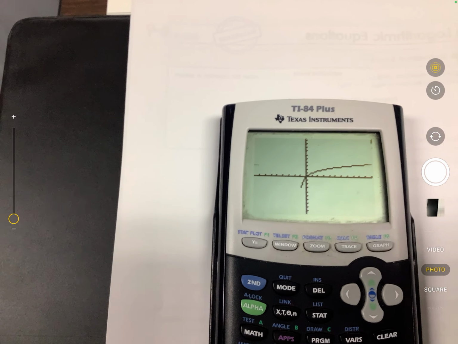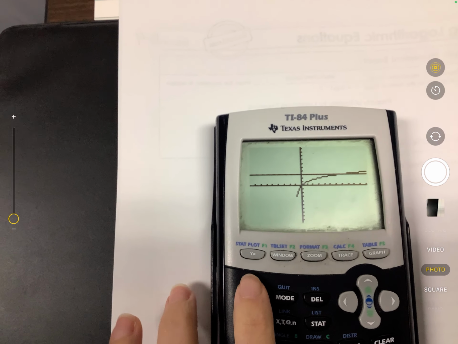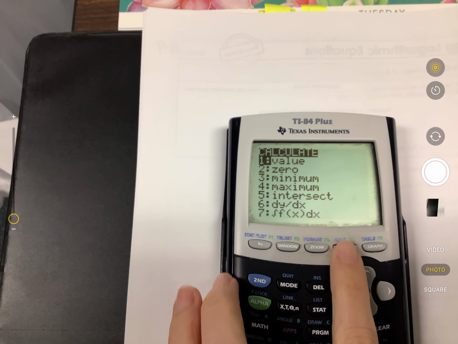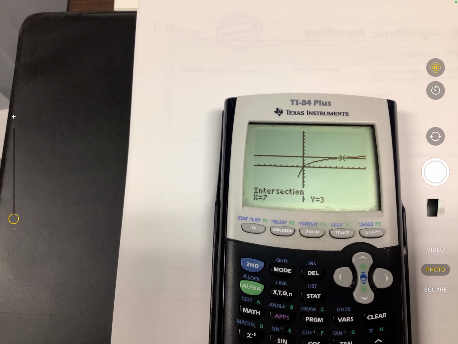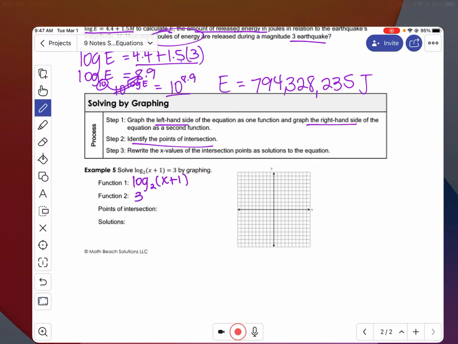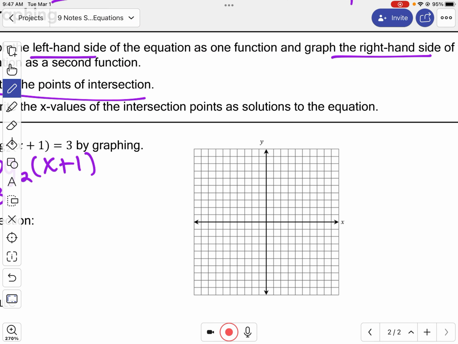So I'm going to press graph. Remember to find that point of intersection, you are doing second calc or trace. Number 5 is intersect. Press enter 3 times. And you end up getting 7, 3. So go ahead and plot that on your paper. Looking back at that graph, we need to sketch it.